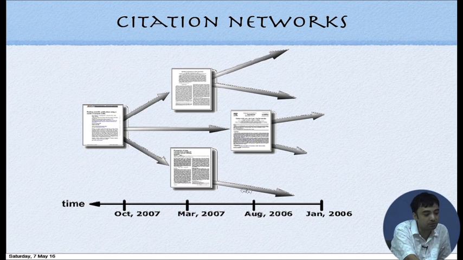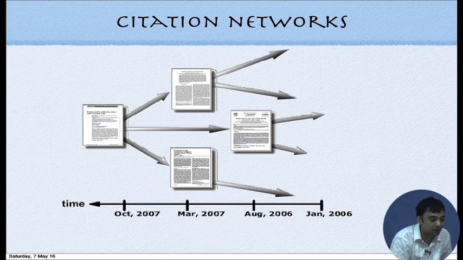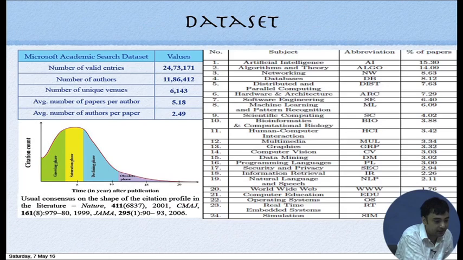So, edges only point backward in time, because you cannot refer to something which has not been written so far, and therefore this graph does not usually have a directed cycle. With these basic notions we will try to see what can be a way to construct large citation networks and then do meaningful citation analysis on these networks.